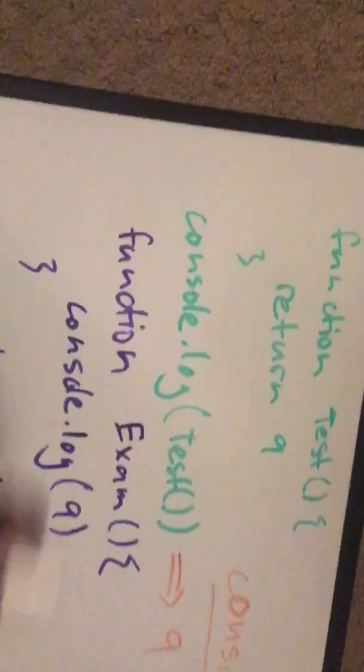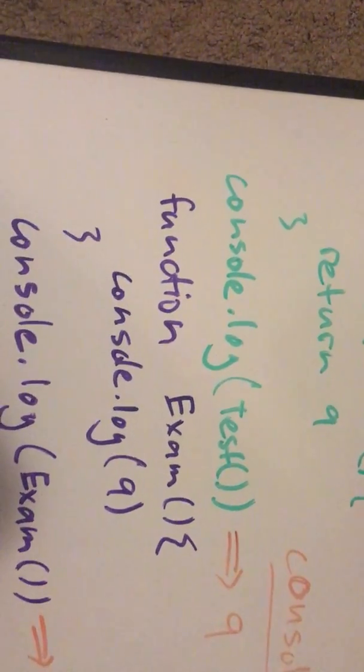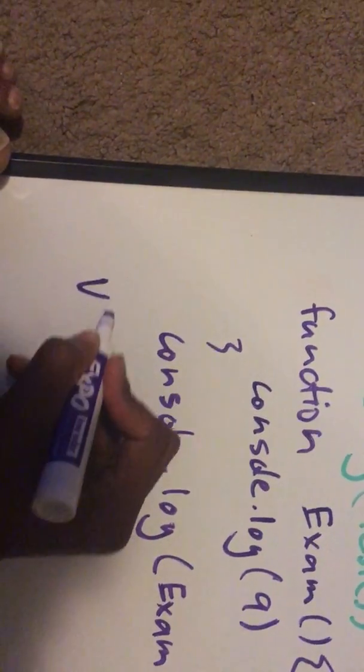Similar to how, let me write out one more thing, if we had a variable called, like, lake, for example, and we were to set it equal to 9, and then we were to console.log it, what we would see when we ran this console.log statement on this variable would be likewise the number 9.